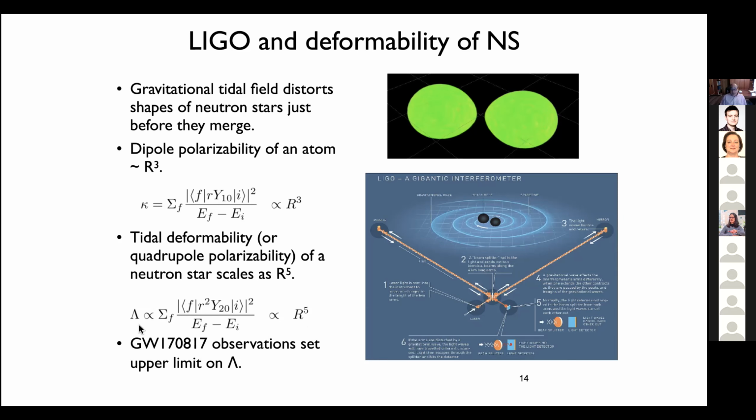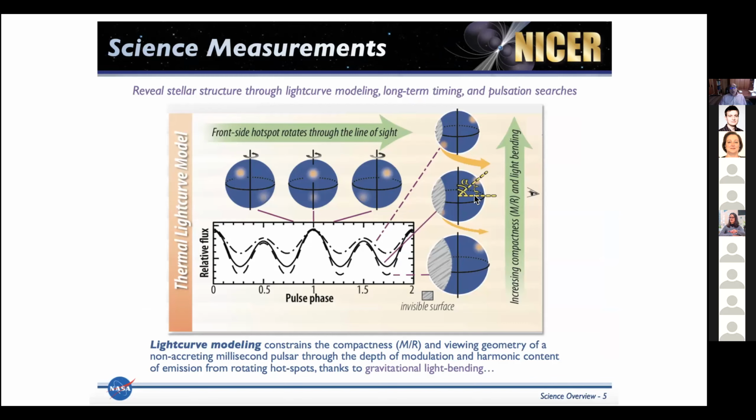NICER is an X-ray telescope that's attached to the International Space Station. NICER measures the light curve of a neutron star. So if a neutron star has a hot spot, this hot spot is associated with a magnetic pole. If that hot spot faces you, then you observe it, and that's a maximum in the light curve.